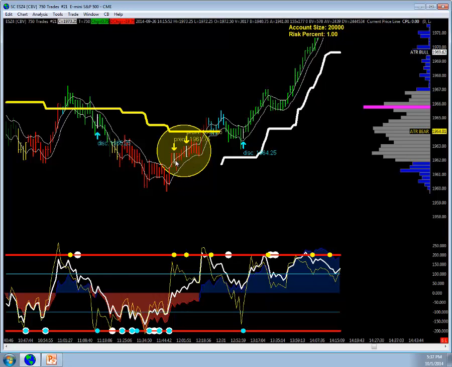Valid premiums. But notice that the channel here on the average is moving up, and also, when we use our lead line, our 13 EMA lead line, that will more likely be pointing up. Well, first off, the lows of these bars never got taken out. So although these are valid premium alerts, they never triggered.